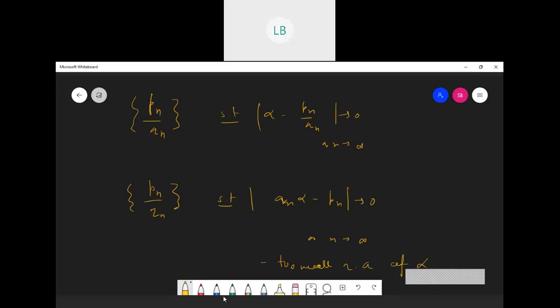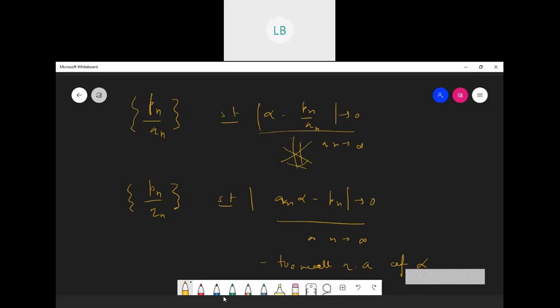Just note that if there is some 2L rational approximation of alpha, then that is also a rational approximation of alpha, because if this is the case, then that is also the case, but the converse is not true.